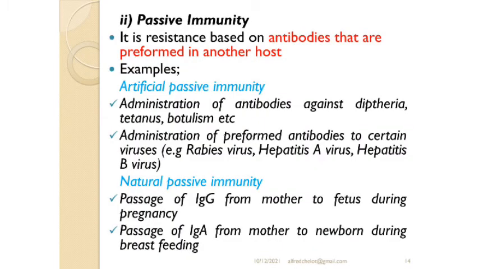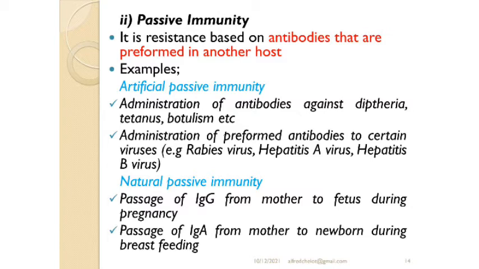Next we move to passive immunity. Passive immunity is the resistance that is based on antibodies that are preformed in another host, and it can either be artificial or natural. Examples of artificial passive immunity include administration of antibodies against diphtheria, tetanus, and botulism, among other diseases.